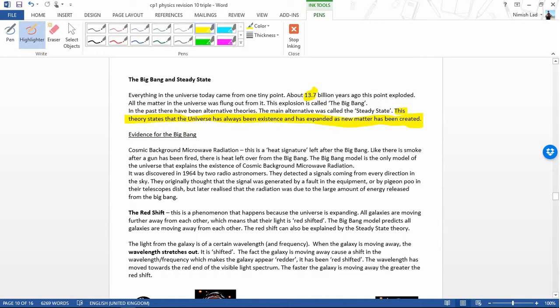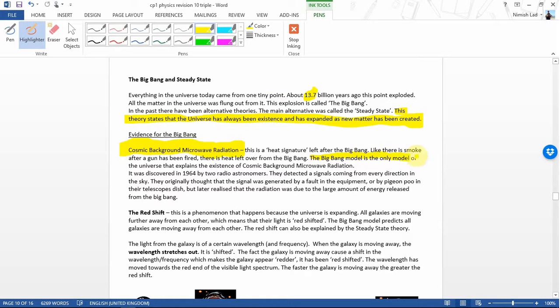The first one, the absolute smoking gun that cannot be explained using steady state theory, is cosmic microwave background radiation. This is a heat signature that's left over from the Big Bang. Just like when you fire a gun and smoke comes out of it, same idea here. The Big Bang is the only model that can explain the existence of cosmic microwave background radiation.